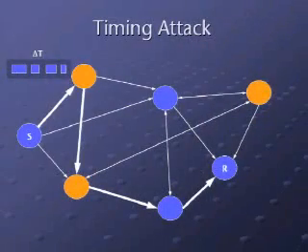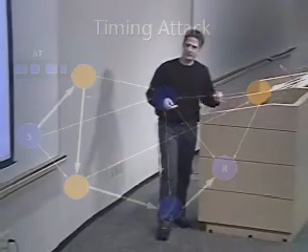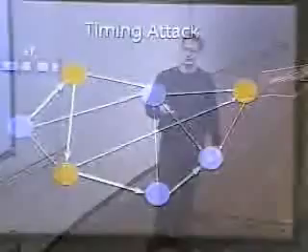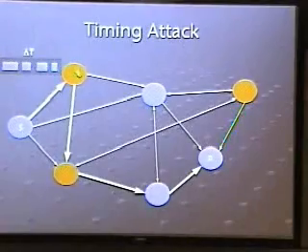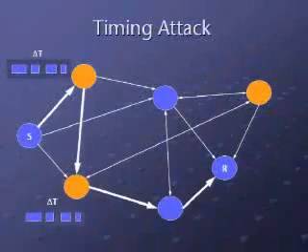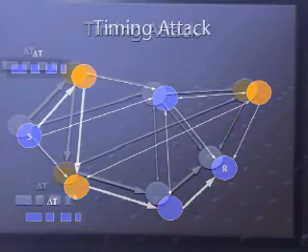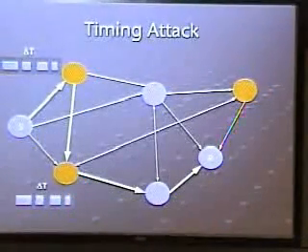So the second point is basically timing analysis. If you still have these three compromised nodes, the first node receives a certain timing pattern of packets, and the second node also receives the same timing pattern of packets.